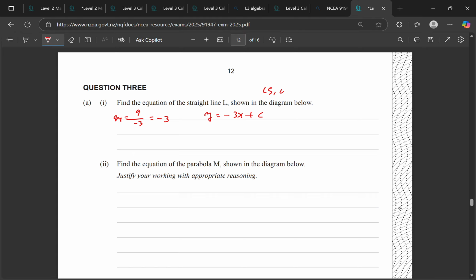I'm going to use (5, 0), so plug 5 into x and 0 into y. That gives me negative 15 plus c equals 0. Hence c equals 15. Hence y equals minus 3x plus 15 should be the answer.